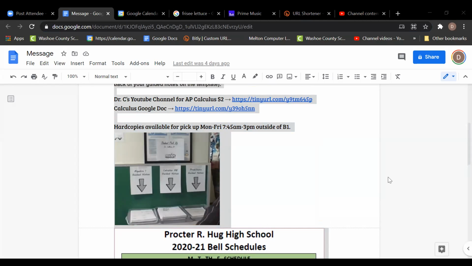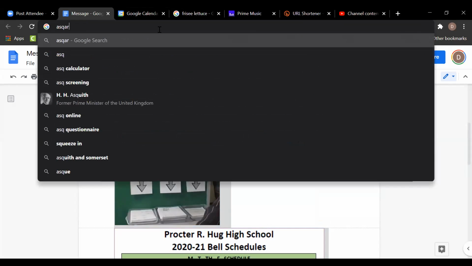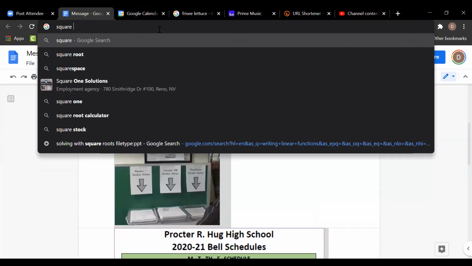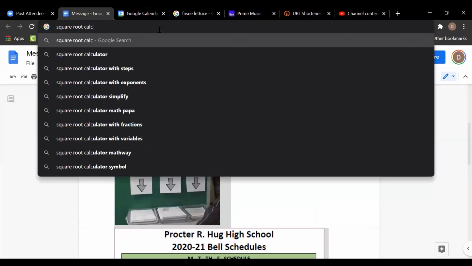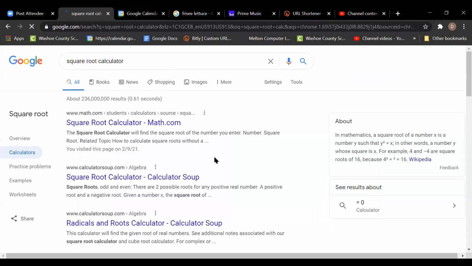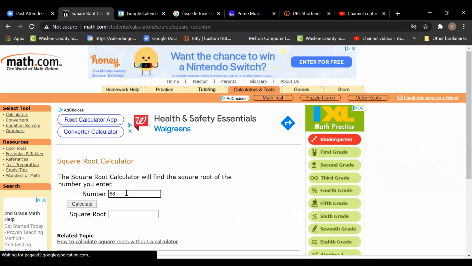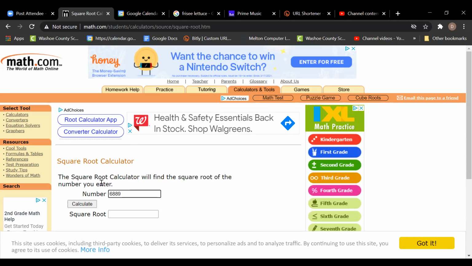So if you were to do this online, you would type in square root calculator, and you would type in the numbers 6889. Calculate, which is going to give you 83.